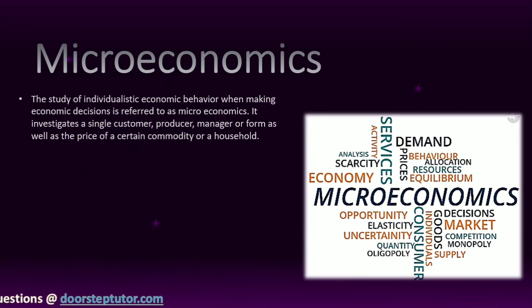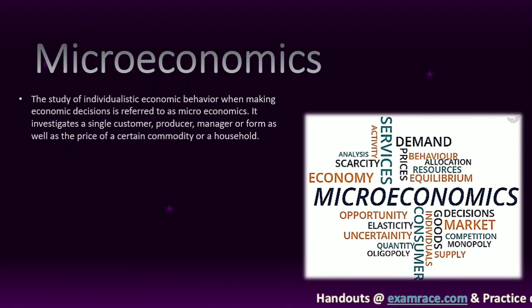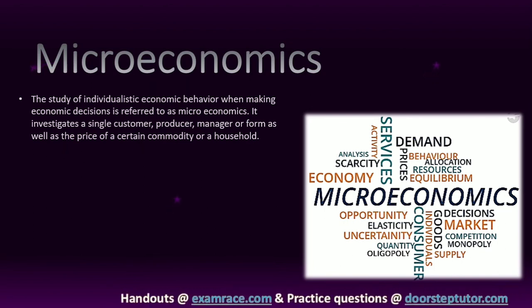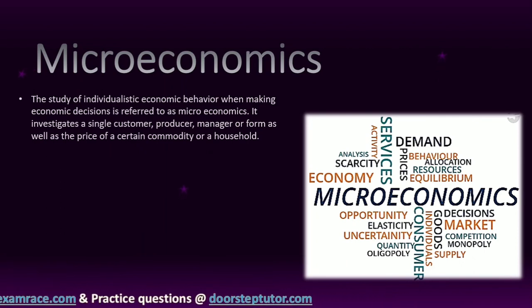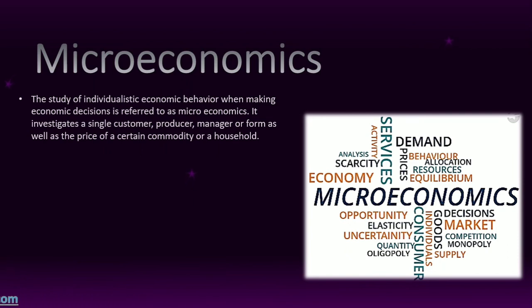The word micro is derived from the Greek word micros, that means small. Microeconomics deals with the small segments of the society. Or we can say that microeconomics is the study of behavior of individual decision making units such as consumers, resource owners, and firms.